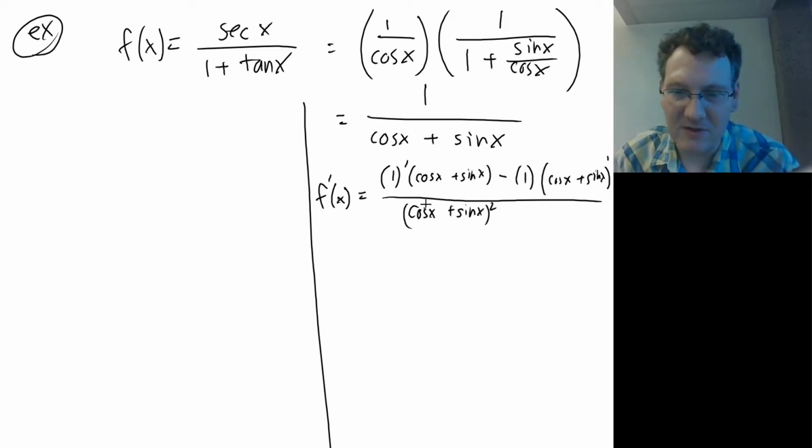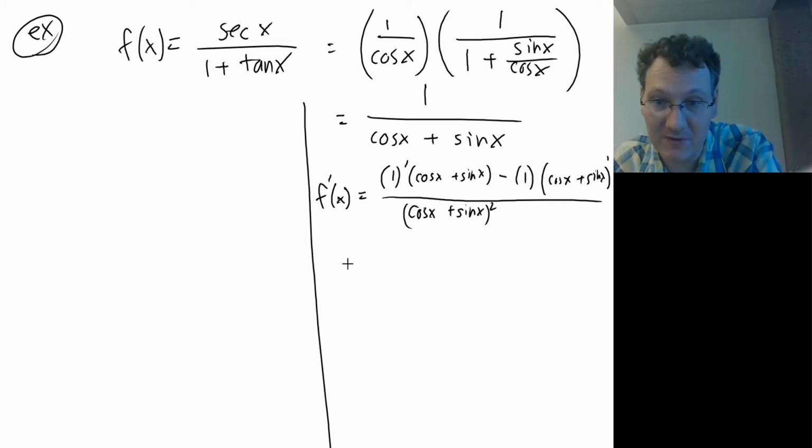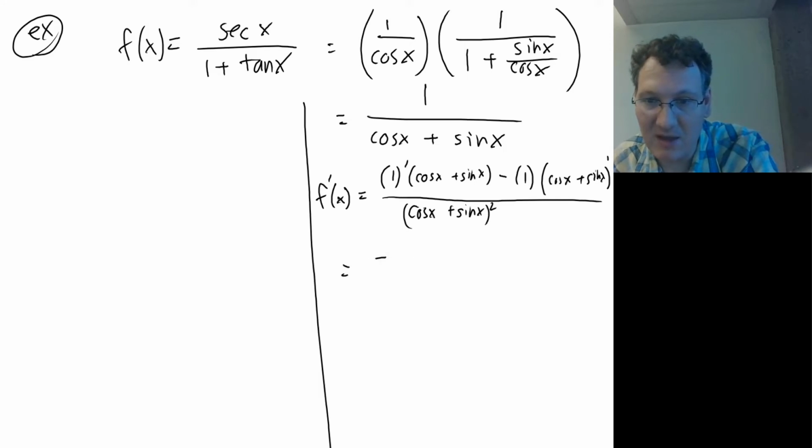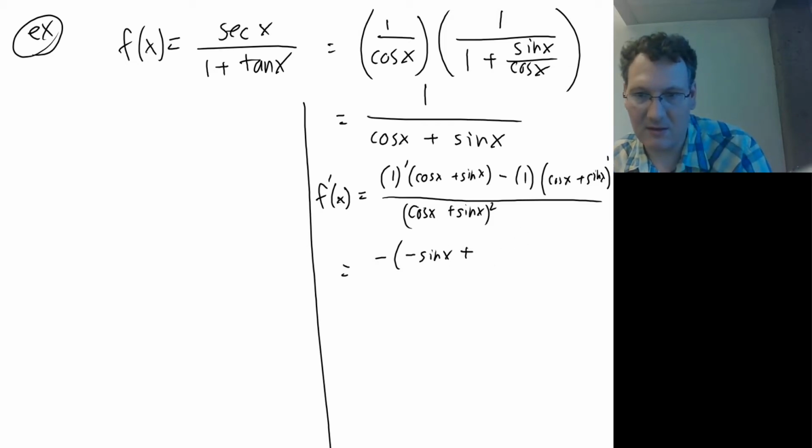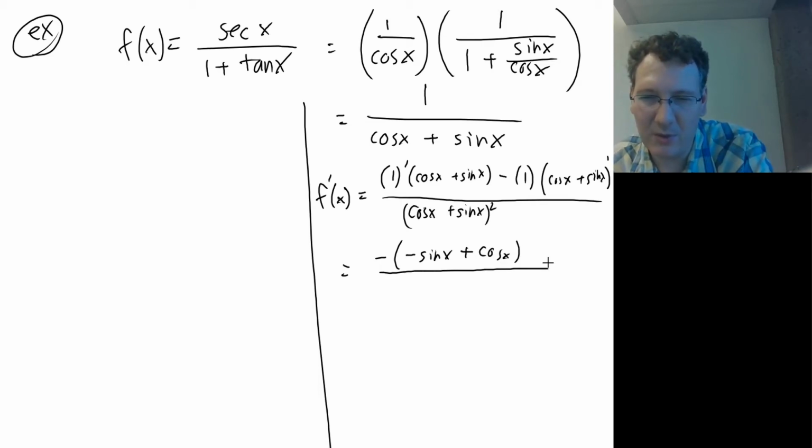The nice thing is the first term is gone, since the derivative of 1 is 0. And we have minus, the derivative of cosine is a minus sine of x. The derivative of the sine of x is the cosine of x. And down below, we've got cosine x plus sine x squared.